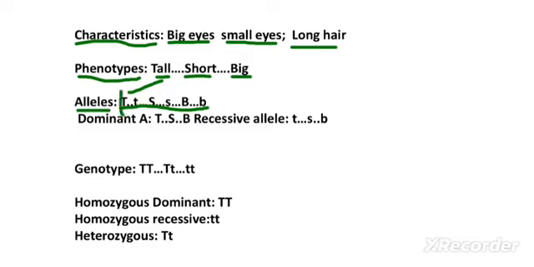That is T. Short can be represented by a letter S, and they might tell you in the statement, being short is controlled by an allele S. What is the allele of being short? That is S.